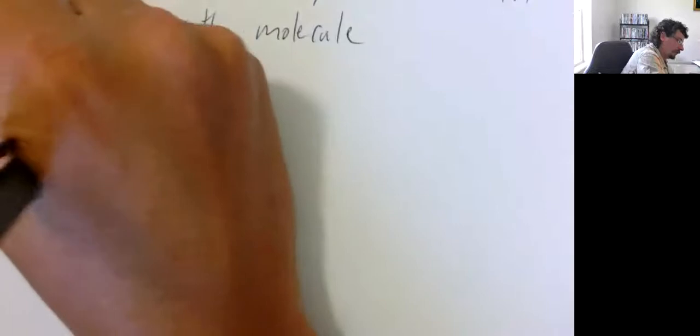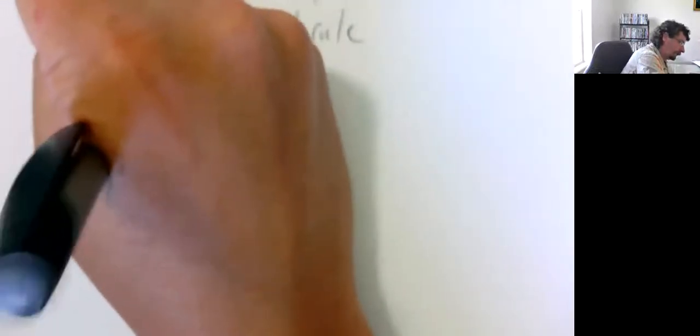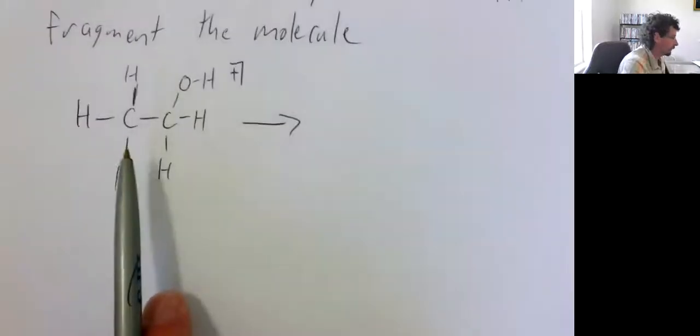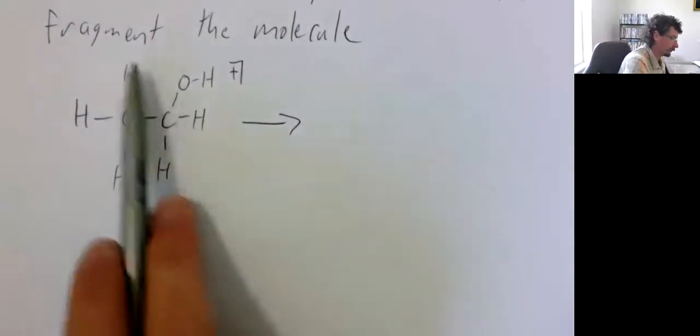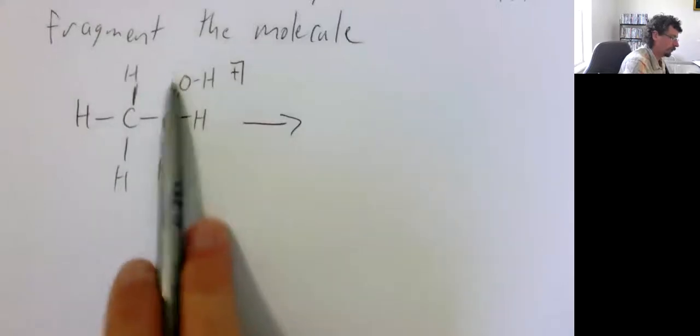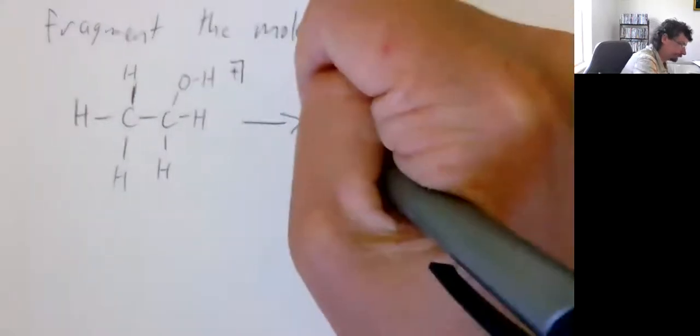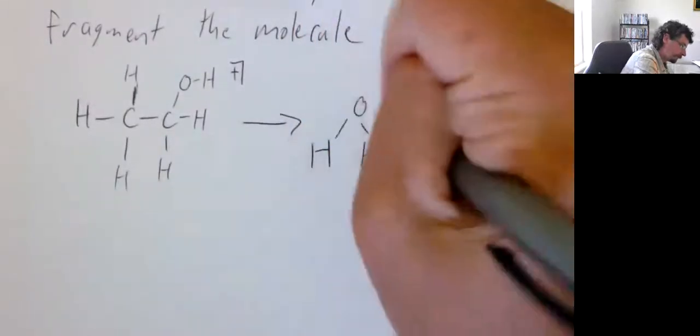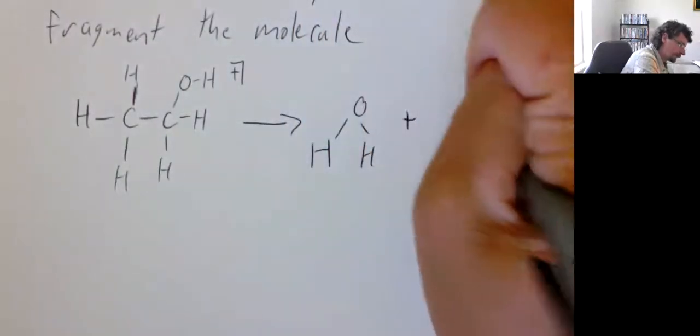So in this case, we start with our molecule, ethanol. And this guy has a positive charge. What will happen, we could actually break this guy apart. What we're going to do is pull off a hydrogen and pull off this OH group. So we get two species.